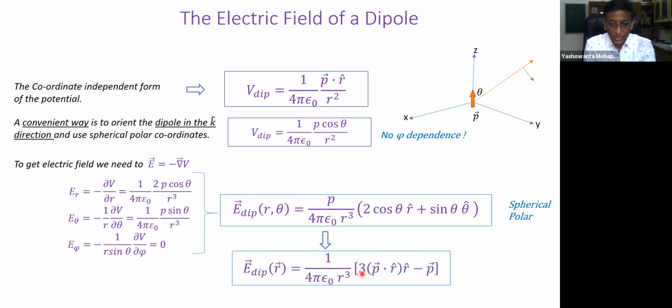So this is 3p dot r hat, suppose this is r here, in the direction of r hat, minus the p direction. Now, in this form, you can use it in any coordinate system. This one is specifically spherical polar. So this is the coordinate independent form.